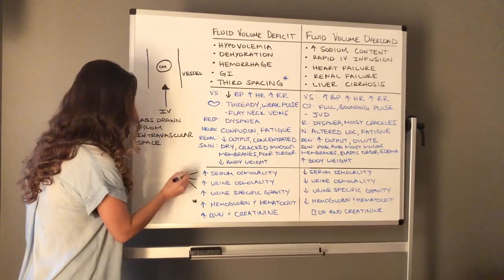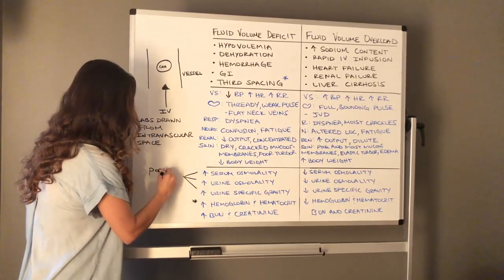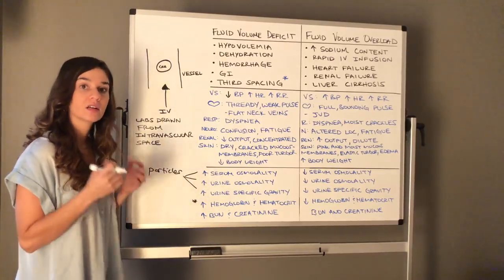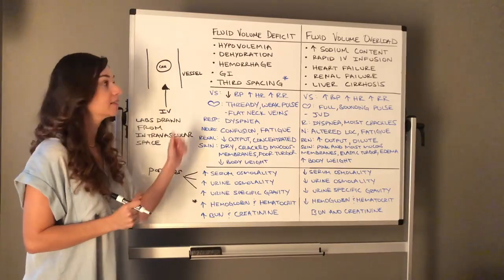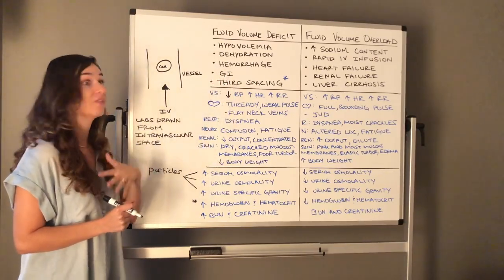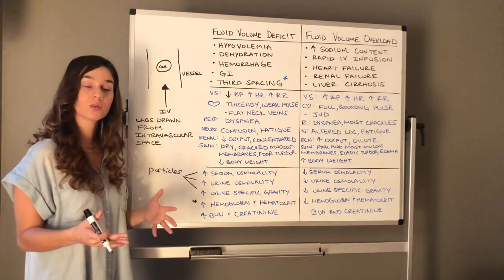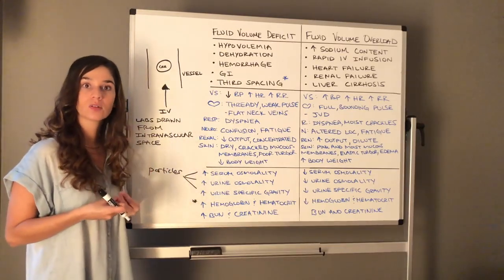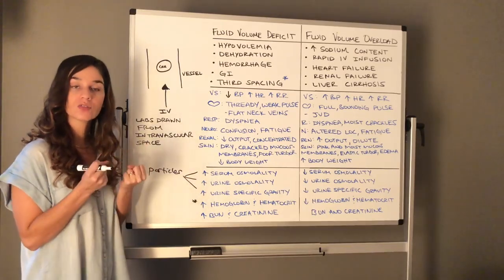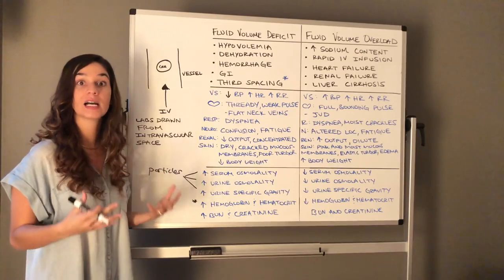So every single one measures particles. So let's think about this. We have lost fluid from our body from one source or another via hemorrhage or via excessive vomiting. We have lost fluid. So let's think about the particles in our bloodstream. Would it become more concentrated with the loss of fluid or more diluted?